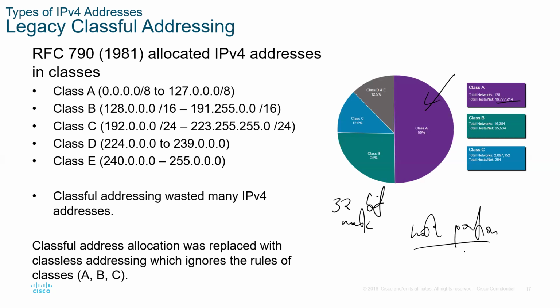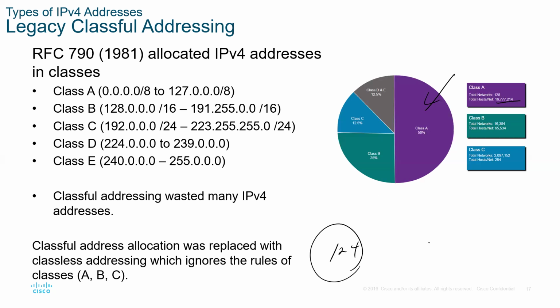For example, if I have a /24 network, it means I have 24 bits used for the network portion and 8 bits used for the host portion. 2 to the power of n gives me how many addresses I can have from the bits on the host portion.